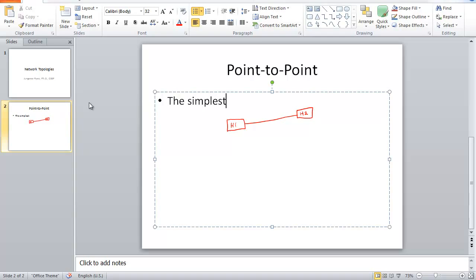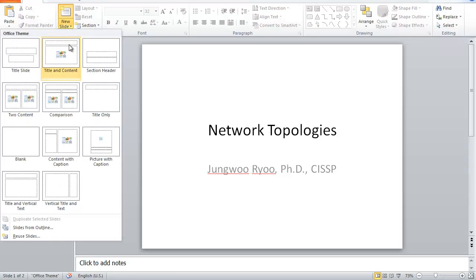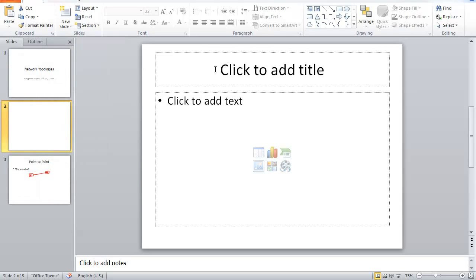By the way, I didn't really define what a topology is, so let me just briefly do that before we move on.